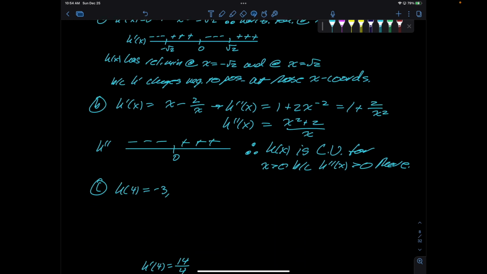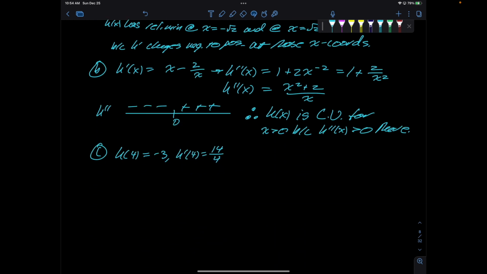You don't actually have to simplify that. I'm going to. So the tangent line is y plus 3 equals 7 over 2 times x minus 4.